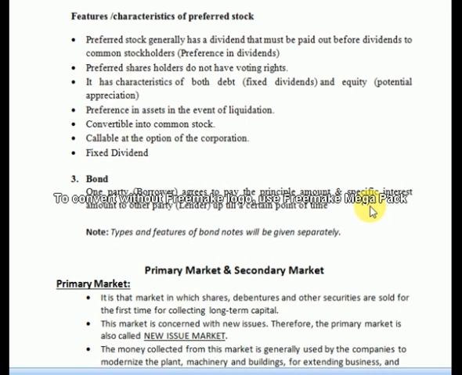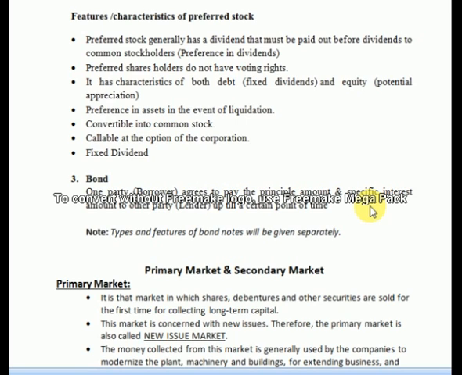Preferred stocks are callable at the option of the corporations. Look, if a company issues a 5-year preferred stock or a 10-year preferred stock, at the time of issuing they specify a future date after which the corporation has the right to call back this preferred stock.